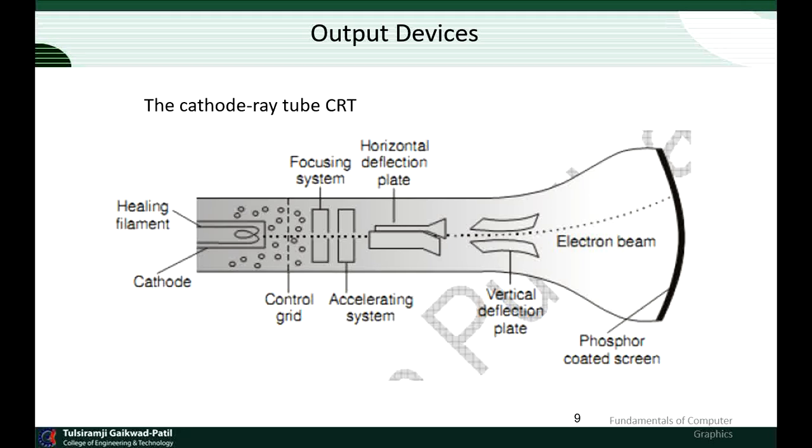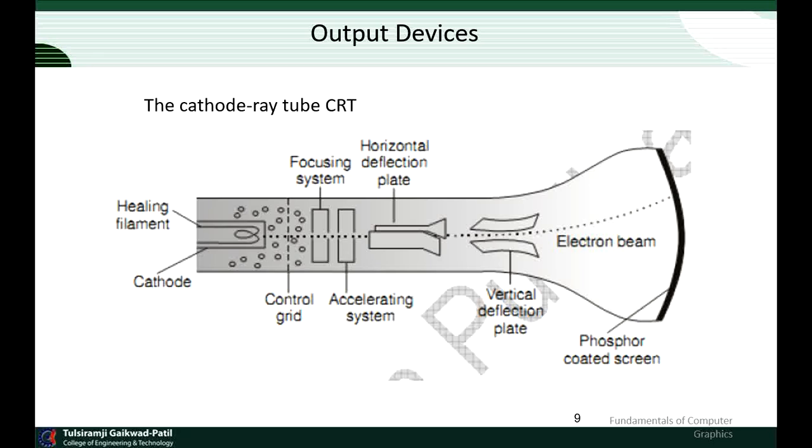The cathode is heated by the electric current, and the heated cathode will generate the electrons, which pass towards the phosphor coated screen in a very fast manner.